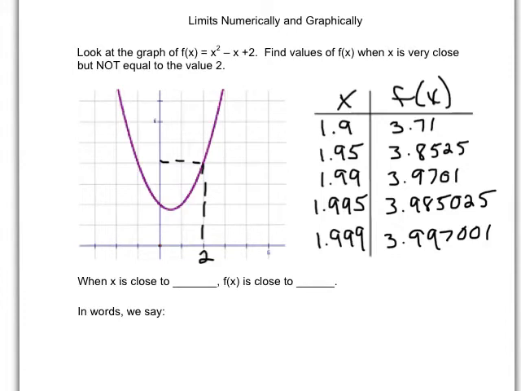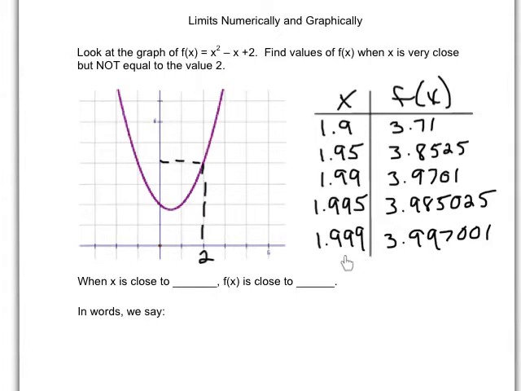What we want to do is find values of f of x when x is very close but not equal to the value 2. Here's what I mean by that. I have my table of values here, starting at 1.9, and I increase a little bit each time up to 1.999.